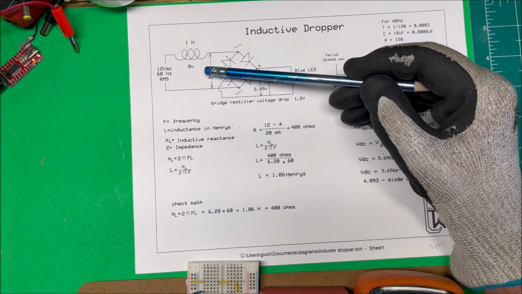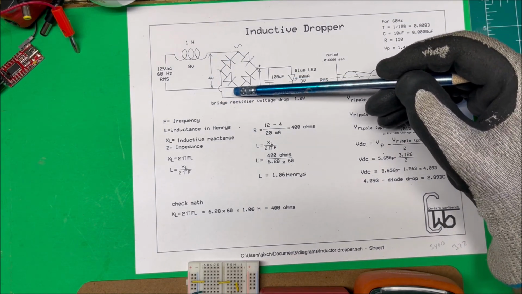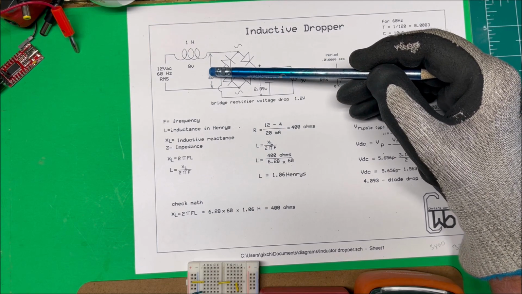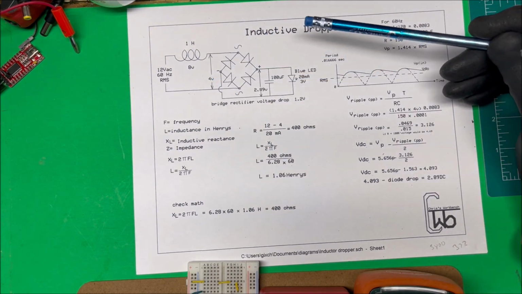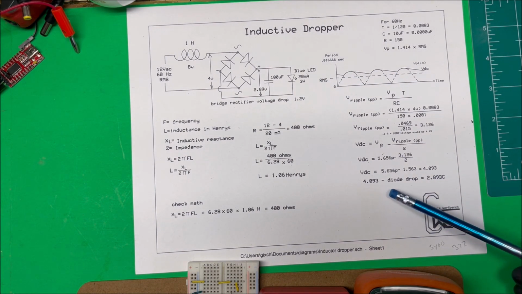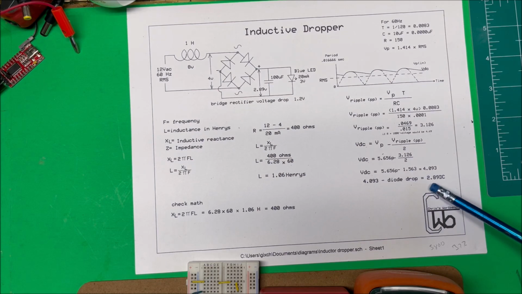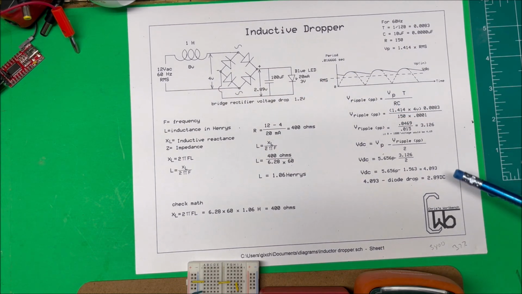If this was 120 volts AC, the diode drop is only about 1%, and for 12 volts it's about 10%, but for 4 volts the diode drop is about 30%, the 1.2 volts. When we take that out, it comes out to 2.86 volts. It could be a little higher if the drop is 1.4 volts.